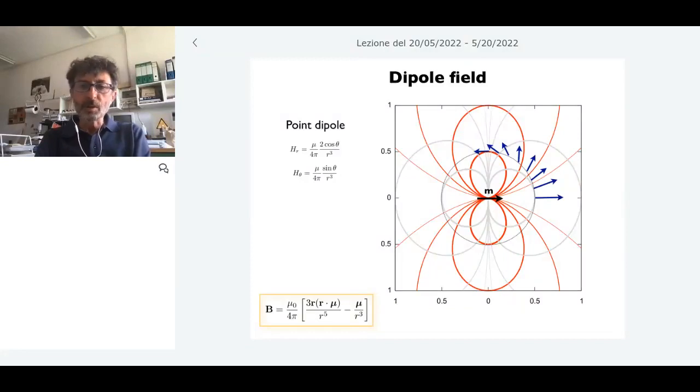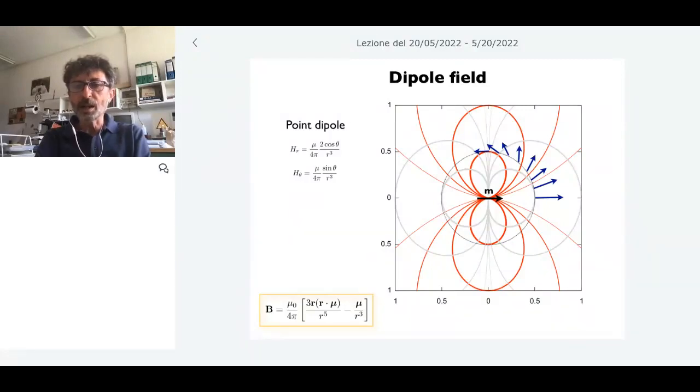Then we have both red lines and gray lines. The red lines are the so-called field lines, while the gray lines are the so-called potential lines. The field lines have the following property: along a field line, the magnetic induction is parallel to the line itself.